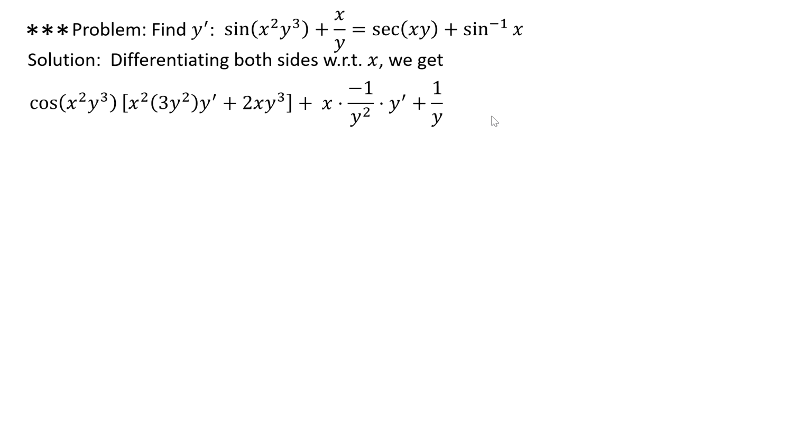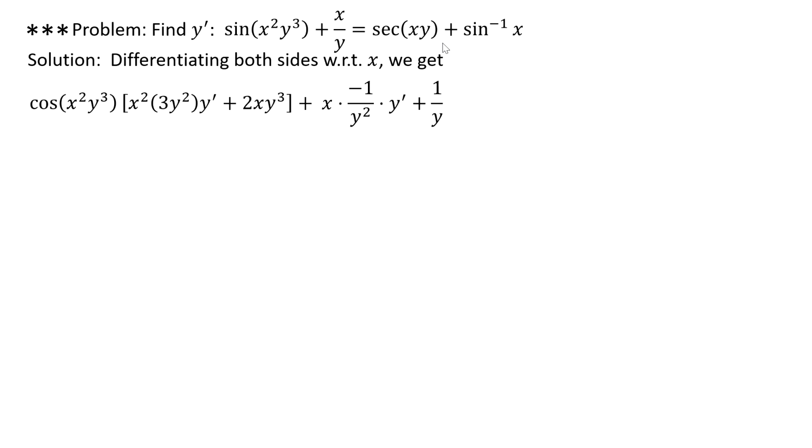Okay? Cool. Now let's look at the right-hand side. Secant of xy. What's the derivative of secant of xy with respect to x? The derivative of secant of something is secant of that something, tangent of something, times the derivative of the something itself. Why is that? What is d/dx of secant x?